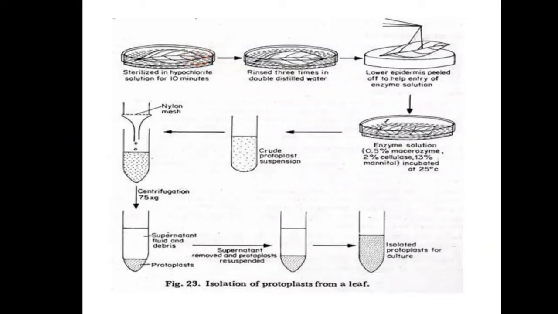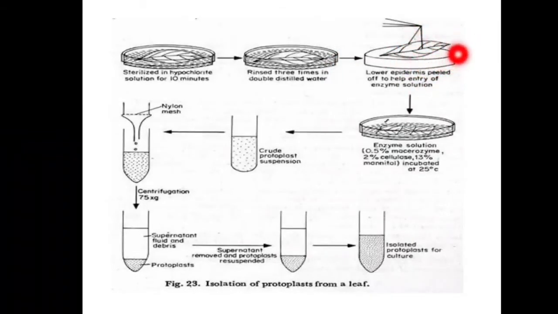So after keeping the leaves in hypochlorite solution for 10 minutes, the leaves are washed in double distilled water. Then the culture medium, which is adjusted to the pH and osmolarity of the enzyme solution, may be used for rinsing the leaves.